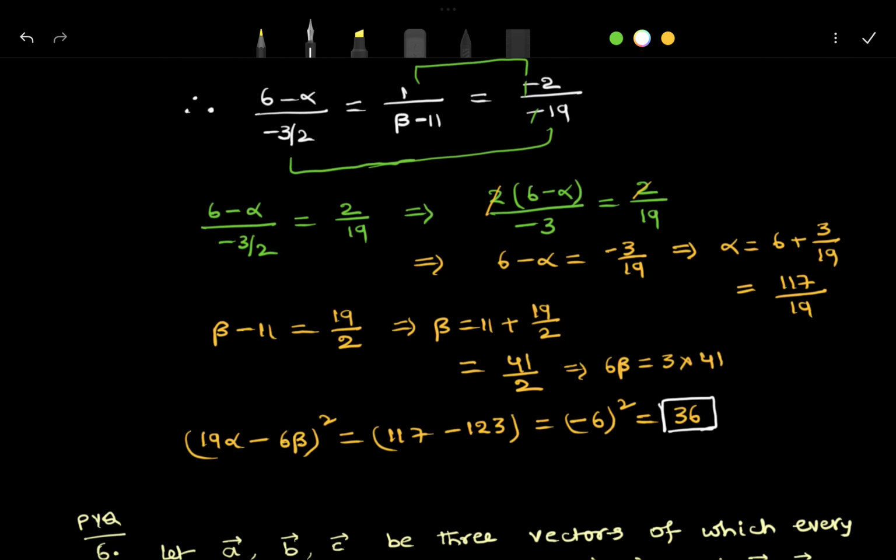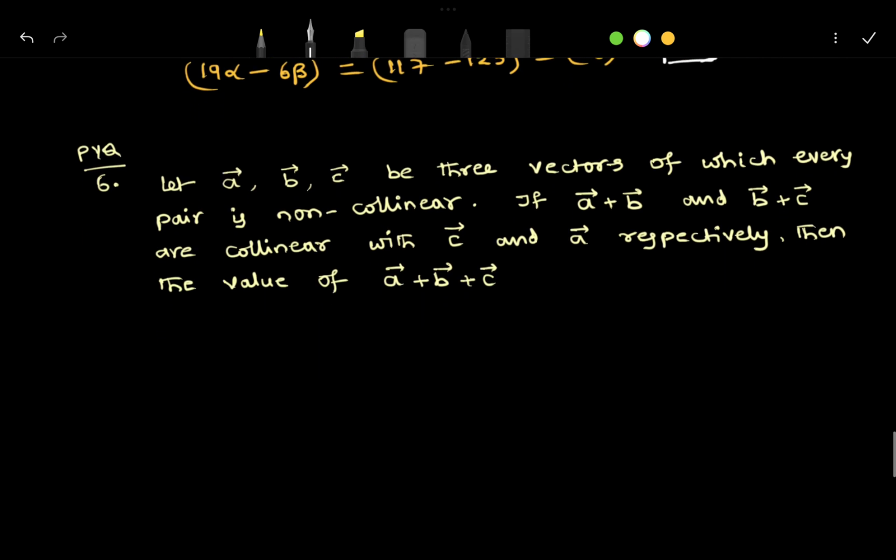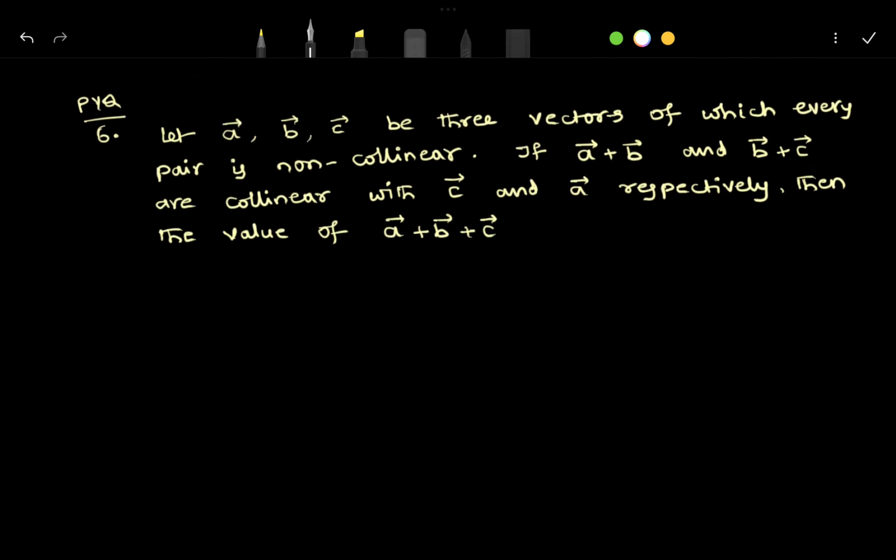One more question from a previous year. Let A bar, B bar, C bar be three vectors of which every pair is non-collinear. That means A bar, B bar are non-collinear, B bar, C bar are non-collinear, and C bar, A bar are also non-collinear.